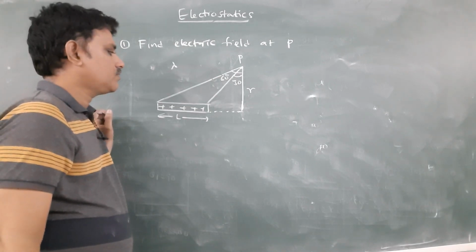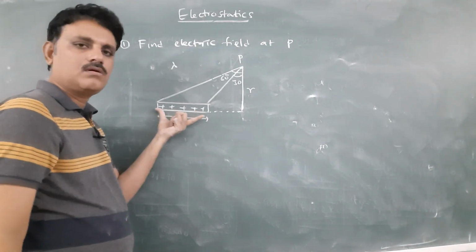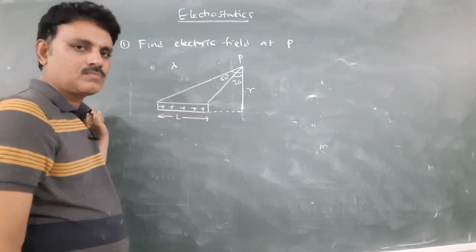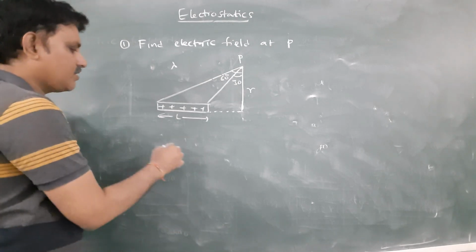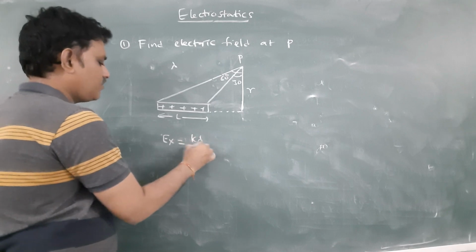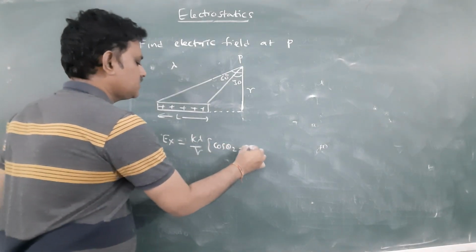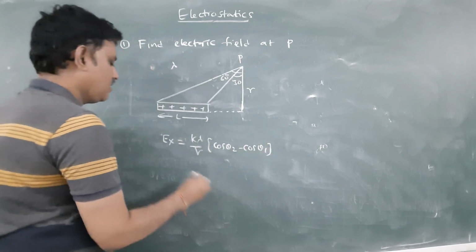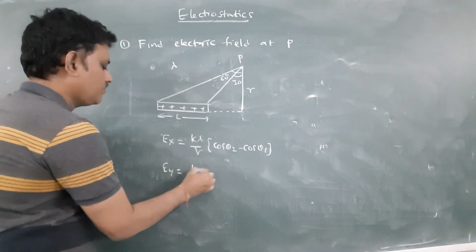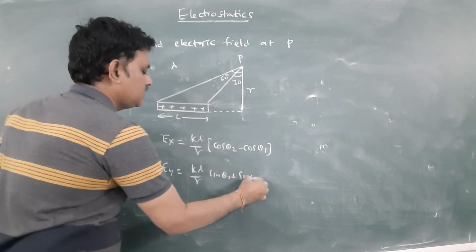So what is the electric field at a point P with respect to the rod we consider here? For the Ex and Ey components, we know Ex is equal to k lambda by r into cos theta 2 minus cos theta 1, and similarly Ey is equal to k lambda by r into sin theta 1 plus sin theta 2.